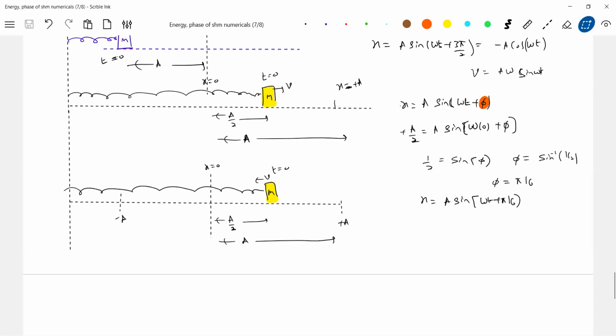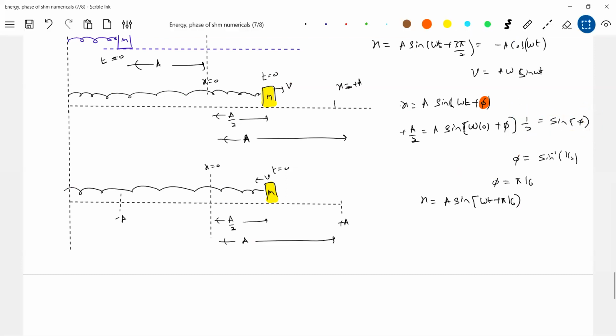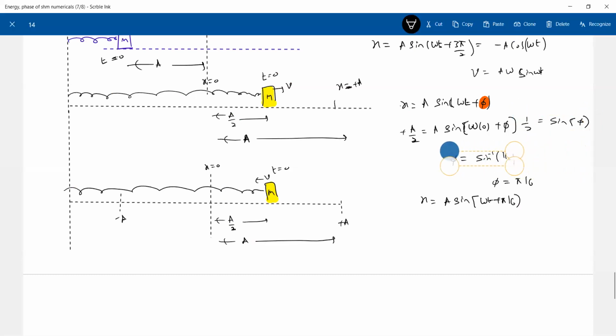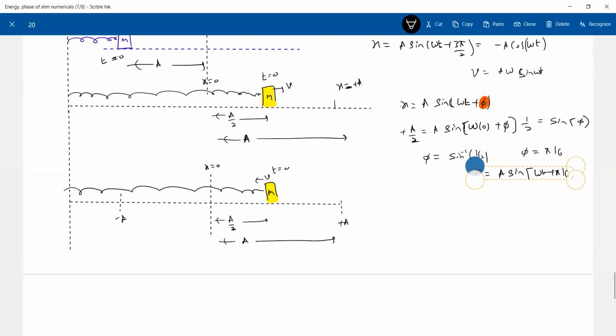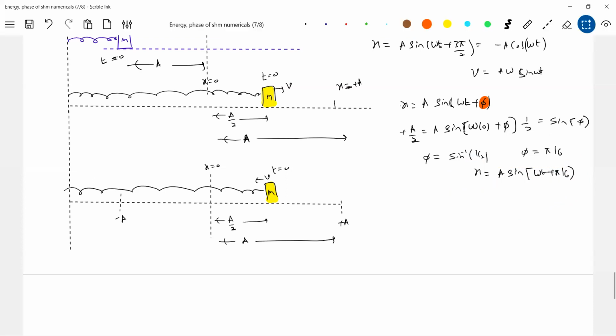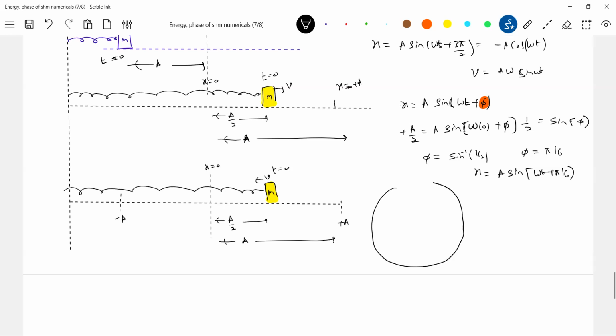Let me end this here only. Let me start here. So let me draw a circle. I'll draw a small circle, that will be sufficient.